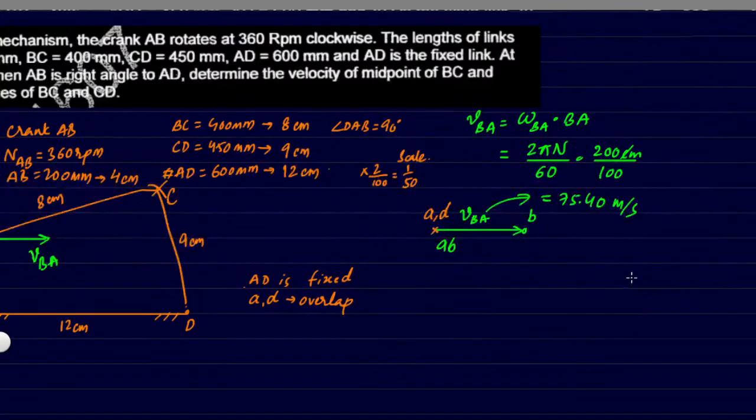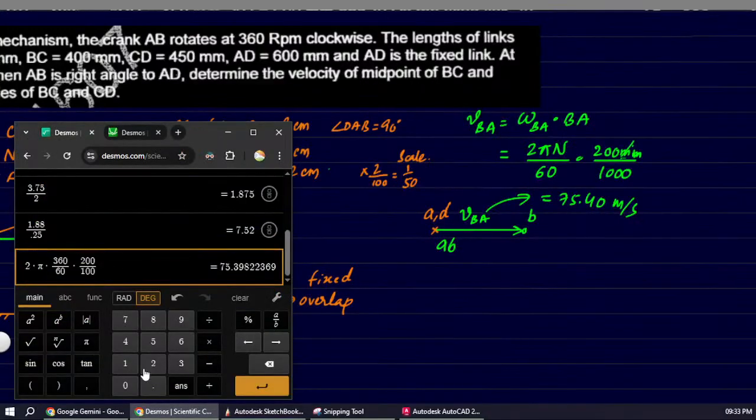Oh, one minute. Yeah, made a big mistake. The length has been given in millimeters, and milli is 1000. That's what I was telling: usually the velocity cannot be so high.